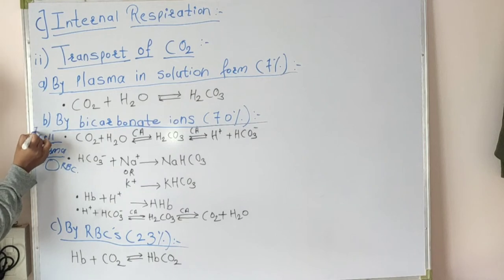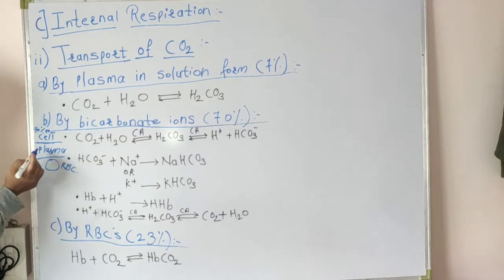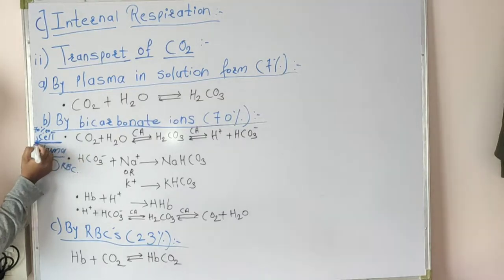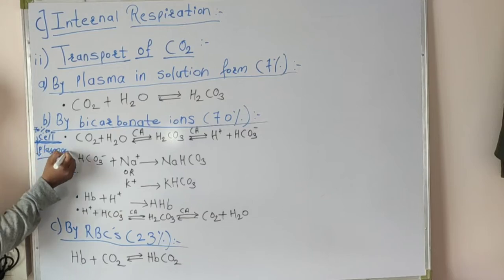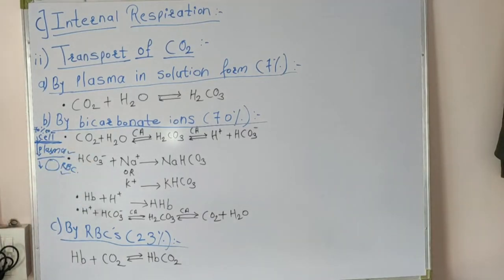Here 70% of CO2 gets released by this cell or tissue, and it again diffuses into plasma and into the RBC.